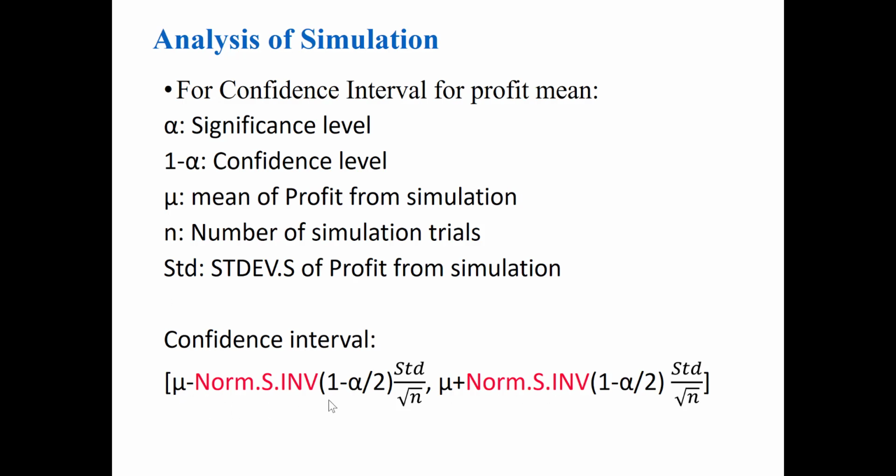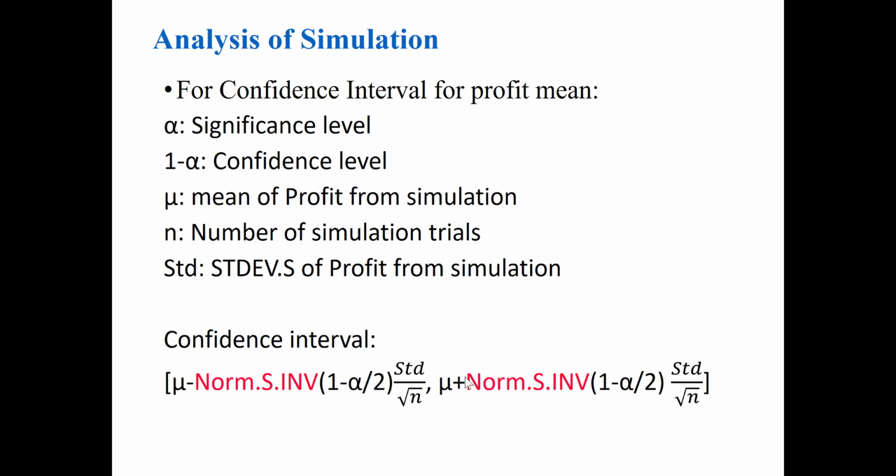Mu is a given that we calculate. This is extracted from the normal standard distribution. Then this standard deviation is the standard deviation of the profit divided by the square root of n, which is the number of trials that we have. So mu minus this value is the lower bound of the mean of the profit.